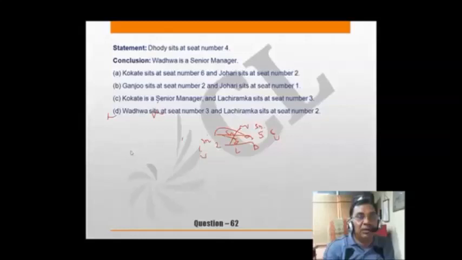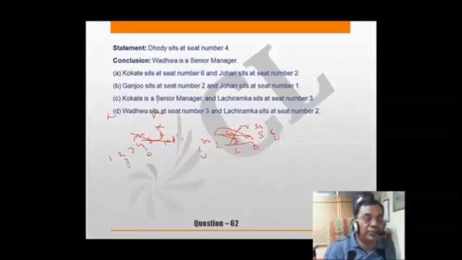Let's see. I think I presumed something. Let me go back. I proved wrong. 6th, 4th is manager. Kokate is at seat number 6. Sorry, here it is 2. Kokate and Johari sit at seat number 2. So therefore Vadhva has to sit here.